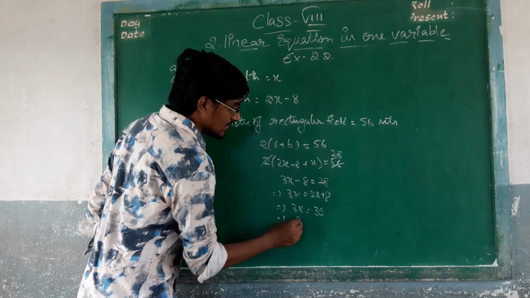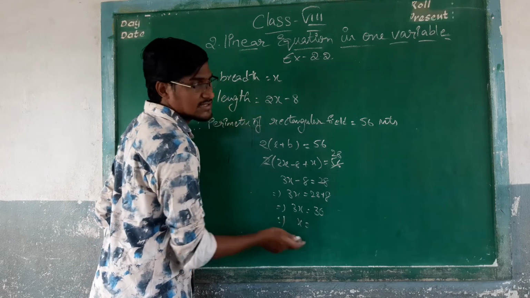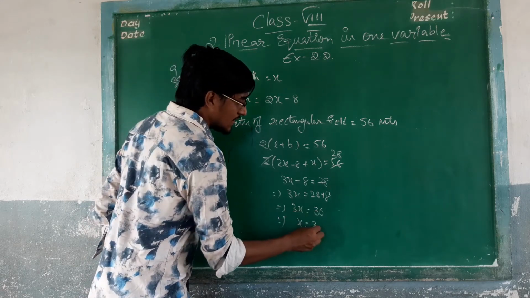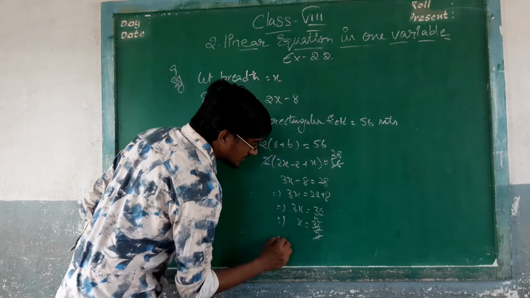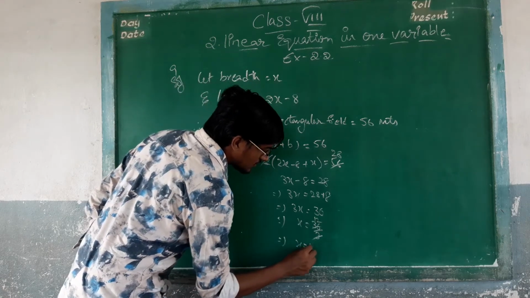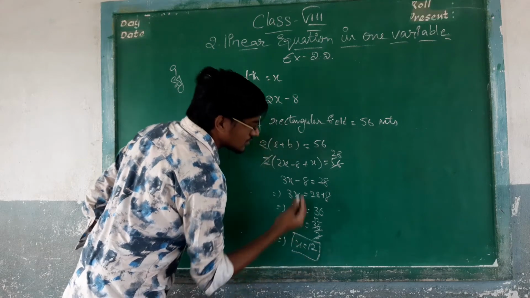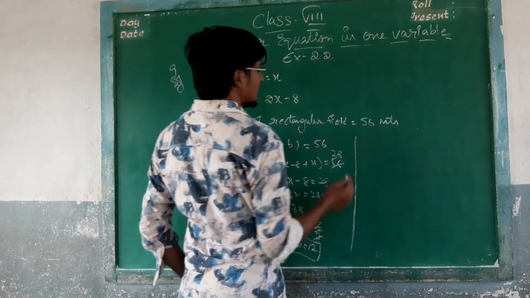That implies we have to calculate x. Move this 3 to the right hand side. It becomes 36 by 3. 12 times, x equals 12. So what is the x here? It is the breadth.